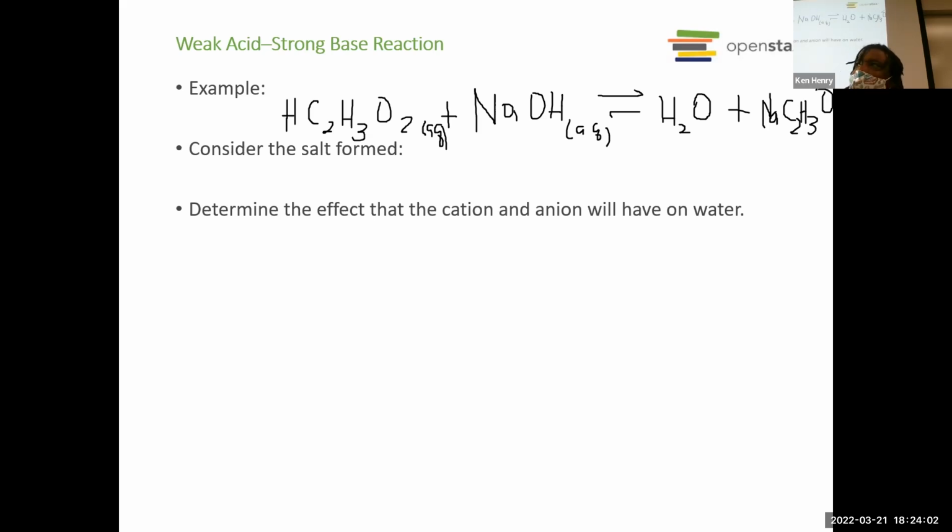Cool. Okay. So that means, is this going to be basic, or acidic, or is it going to be neutral? Okay. Why is it going to be basic?